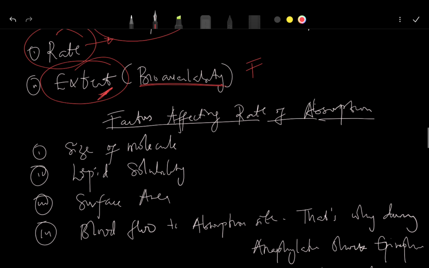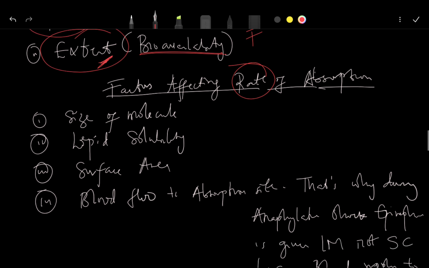Now, what are some factors that affect the rate of absorption? We said absorption has 2 parts: rate and extent. Number 1, we have the size of the molecule. The smaller the molecule, the more the rate of absorption. Again, lipid solubility. The more lipid-like the drug is, the more the rate of absorption, because it can easily diffuse.